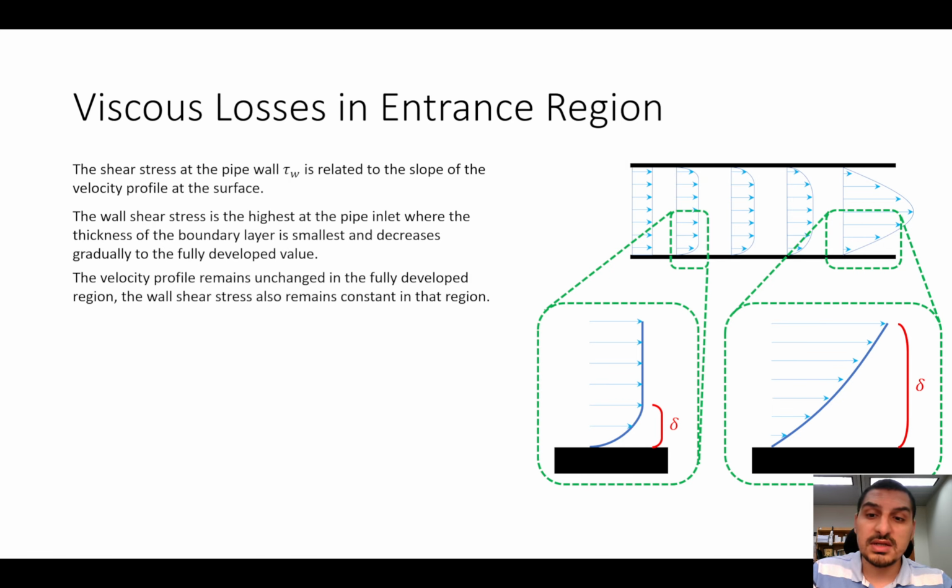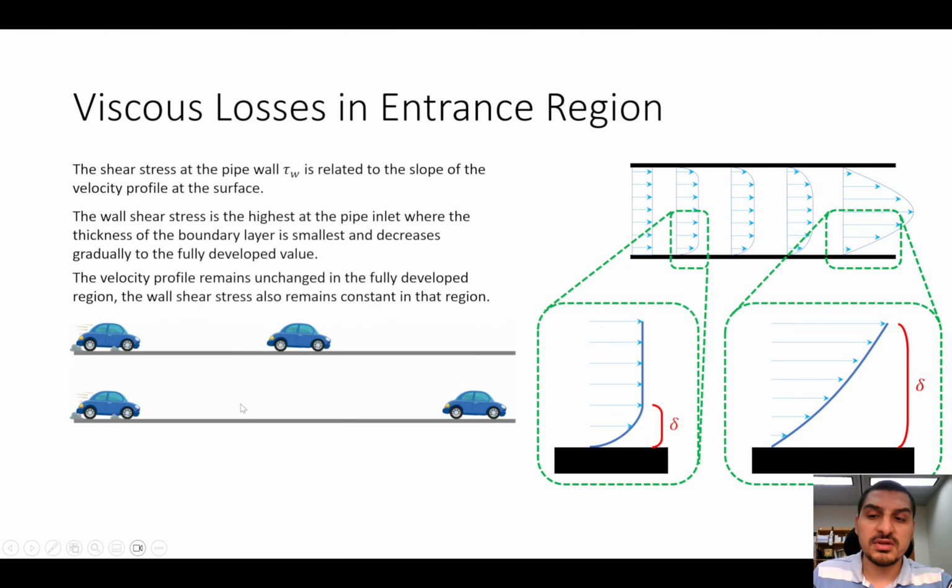So how does this relate to the energy losses or the pressure drop? It's exactly like having two cars running very quickly and then going to stop suddenly. So they hit the brake suddenly. One of them stops after a short distance and the other stops after a long distance. What causes this car to stop after a short distance is that the friction between the tires and the street or the ground is very strong.